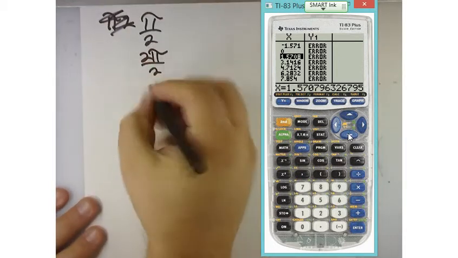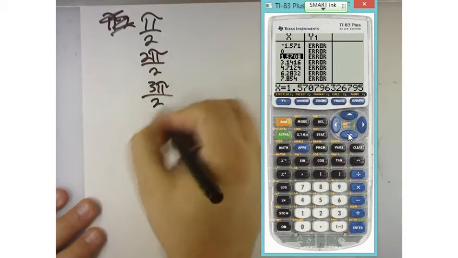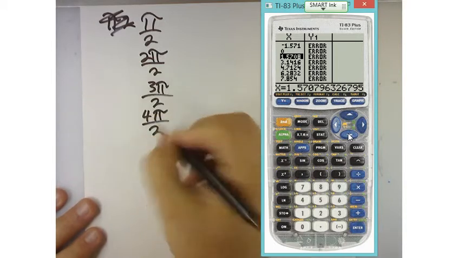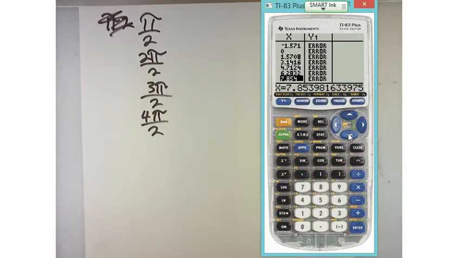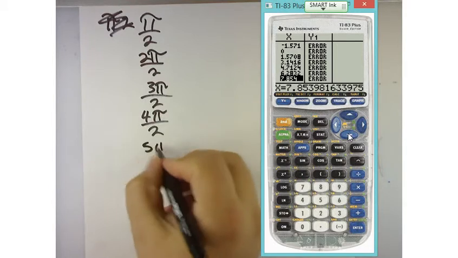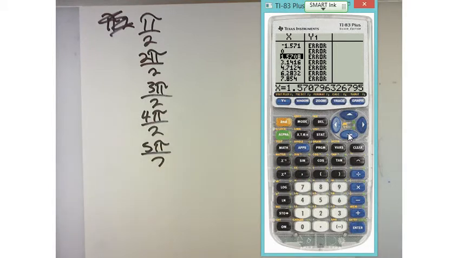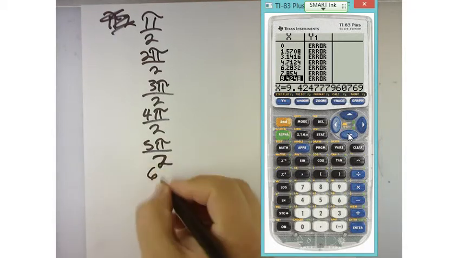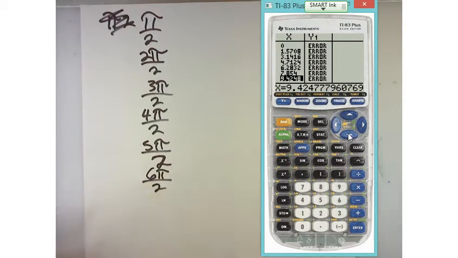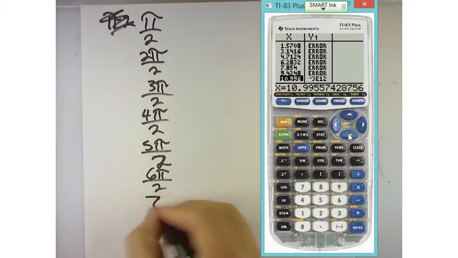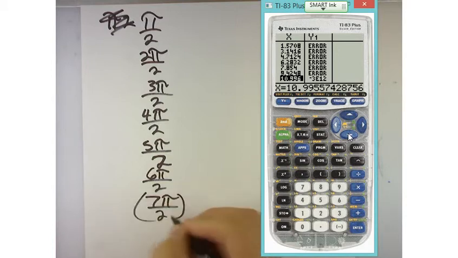And then 3 pi over 2, I have a value. 4 pi over 2, I have a value. Let's keep counting. 5 pi over 2, I have a value. Right? So we've got 1, 2, 3, 4, 5, 6 pi over 2, I have a value, which is the same as 3 pi. Uh-oh. That one looks like it's 0. So 7 pi over 2. I don't know, we've got to think about that.